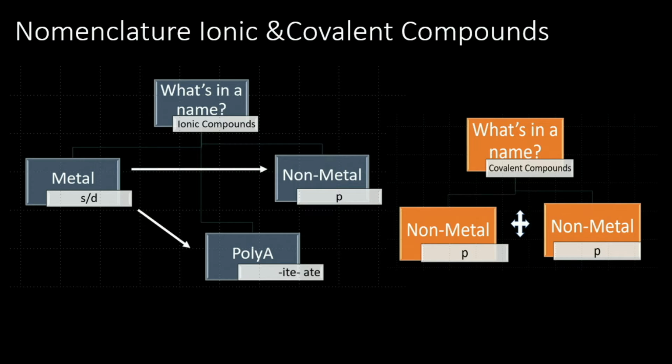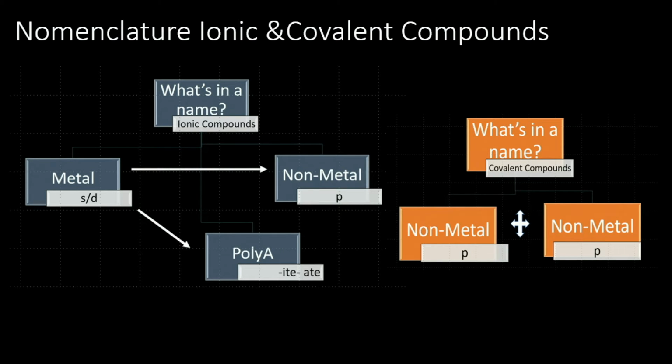So here's a summary chart for what's in a name. Again, ionic is a metal bonded to a non-metal, or we can have a metal bonded to a polyatomic ion. Remember, polyatomic ions for the most part will end in ate or ite when we're talking about them bonded to oxygen. And your teacher should give you a reference chart with the polyatomic ions on it.